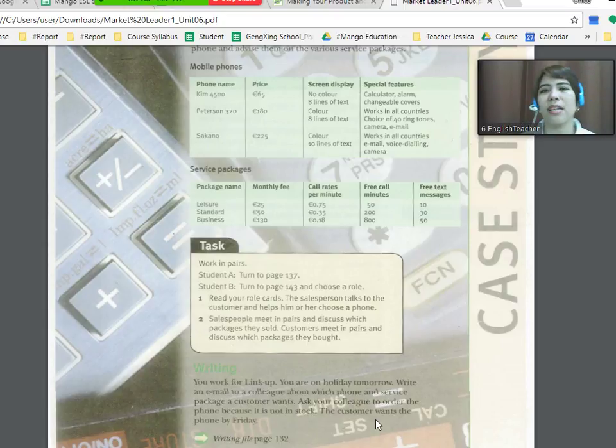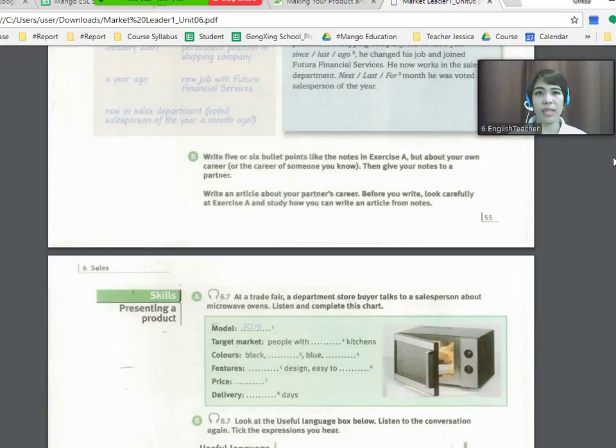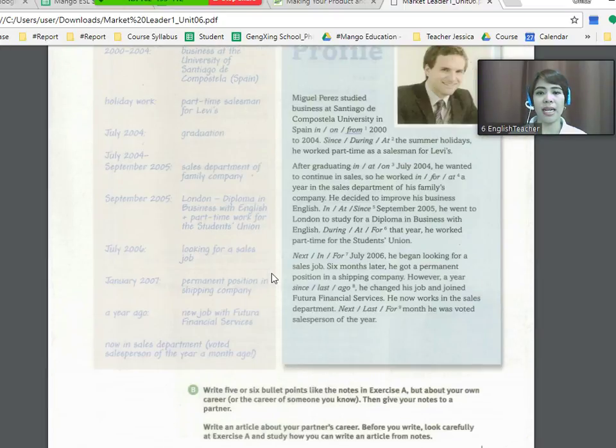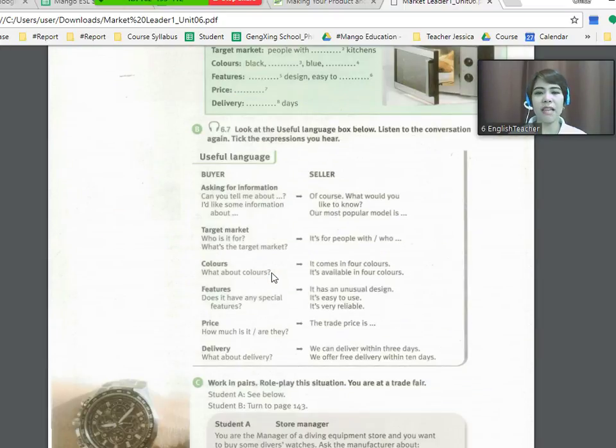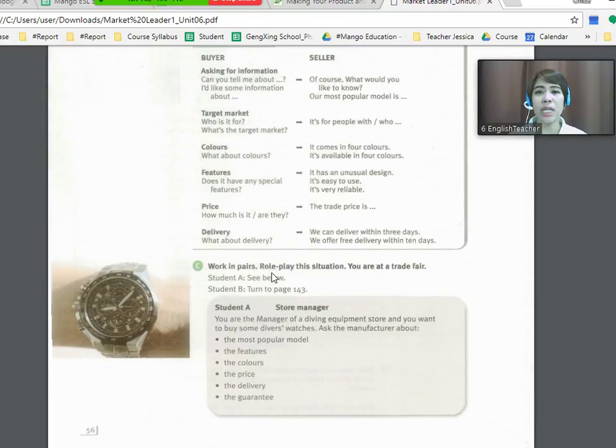That's it for our class for C37 and 38. I just want to say thank you for answering in the best possible way that you can. Now I'm going to try to preview our lesson for today. So the first part of our lesson, we talked about how to present a product. Presenting a product involves different questions such as what is the color, what are the special features, how much is it, and is the delivery free?